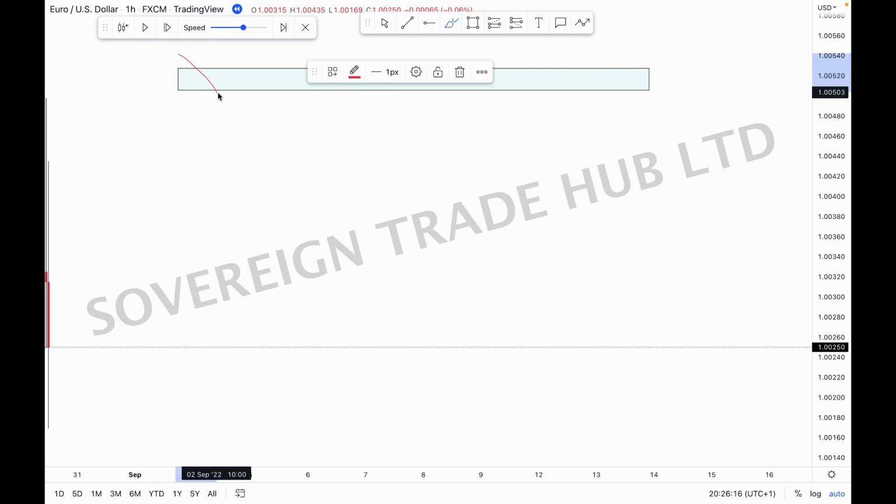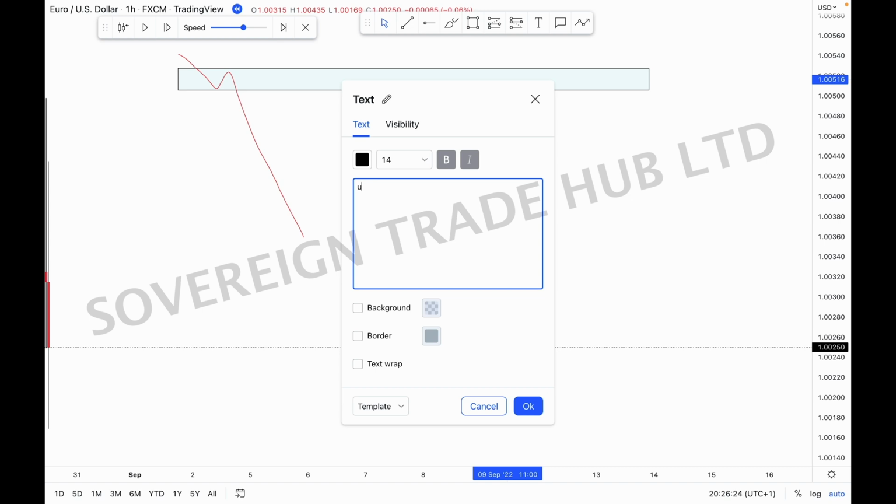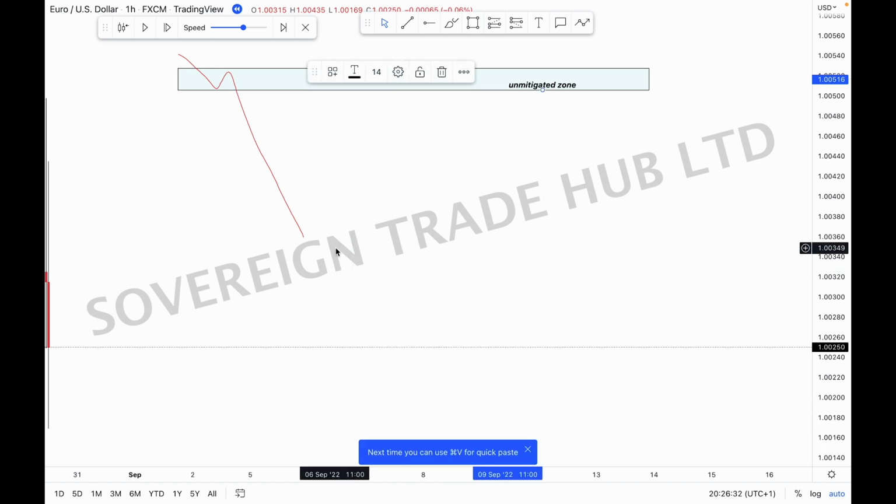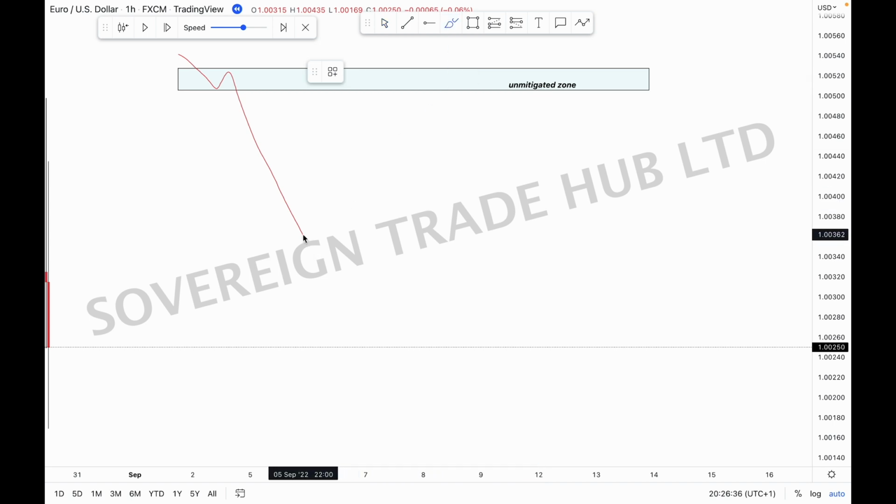Let me say this is a supply zone, and on this supply zone, this level is unmitigated, meaning the price has not tapped into this zone. Please, you are not permitted to take a buy trade until you notice what we call a change of character or a break in market structure.